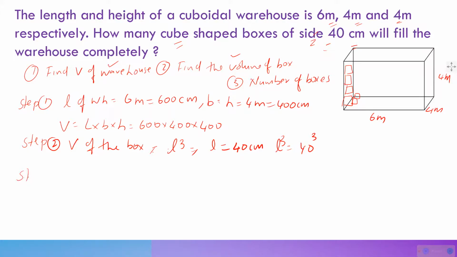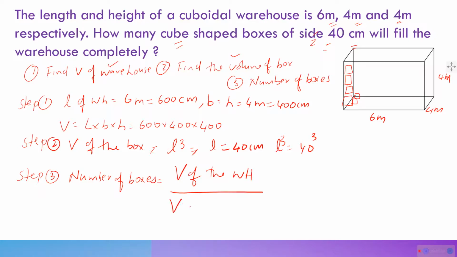Now step 3 is dividing the volume of the warehouse by the volume of each box. So that is step 3 to find out the number. So what we will write, number of boxes that can be kept inside, is equal to volume of the warehouse divided by volume of a box.